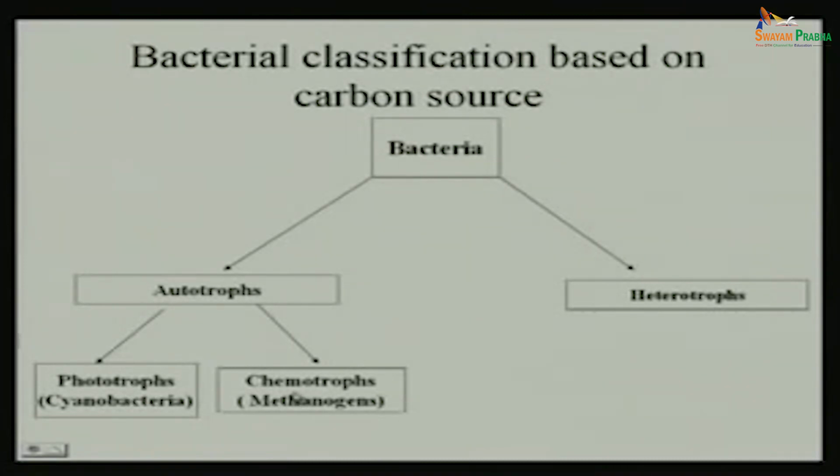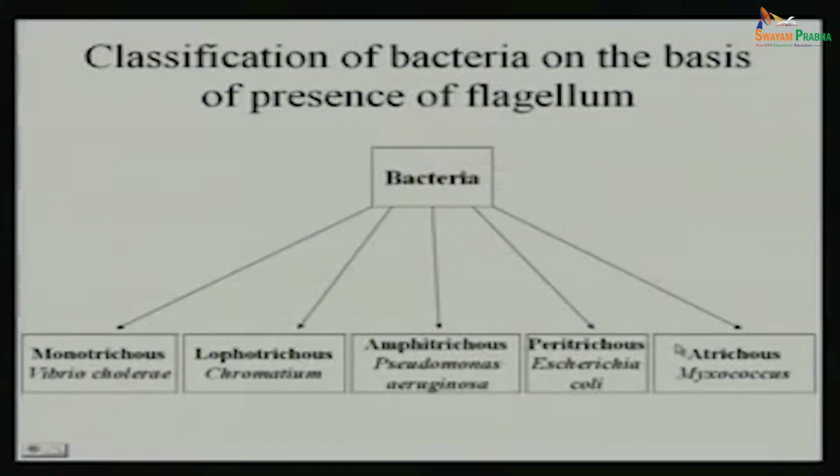In the case of chemoautotrophs, they need some inorganic sources for their normal behavior, in the form of nitrate, iron, sulfur and so on, and methanogens are one such example of chemoautotrophs. Heterotrophic bacteria need external carbon and media content for their growth.